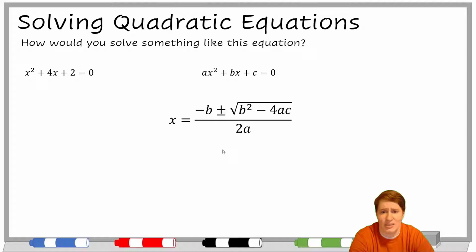I was thinking about this earlier, and we could do the same thing actually with linear equations and make a linear formula, but it actually would be at least as much work, if not more, to use the linear formula that we'd come up with than just to do what we normally do to solve a linear equation. If you think this is complicated, take a look at the cubic formula, and that's complicated.